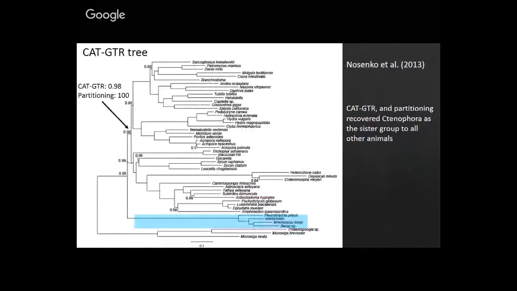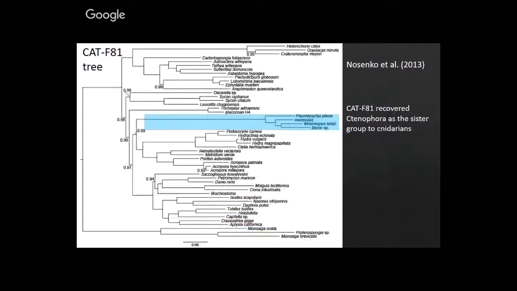With the Nosenko et al. data set, we found a similar pattern with CAT-GTR and partitioning, where they both supported with nearly maximal support ctenophores as a sister lineage to all other animals. In contrast, CAT-F81 recovered ctenophores as a sister group to cnidarians and sponges as a sister lineage to all other animals. And while this does kind of match preconceived notions about animal phylogeny and the historical perspective, I think if we think about how CAT-F81 behaved in simulation, it's rather illustrative.